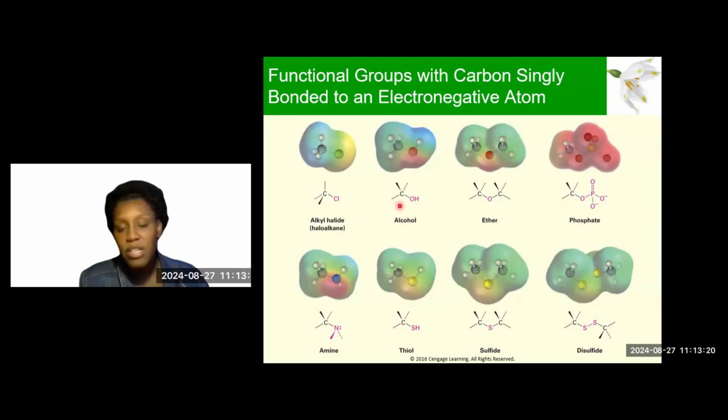You have alcohols, and notice they're all single bonded to carbons. This is your ether. This is your phosphate group, very electronegative. This is your amine. Here you have your thiol, sulfide, and your disulfide bond.